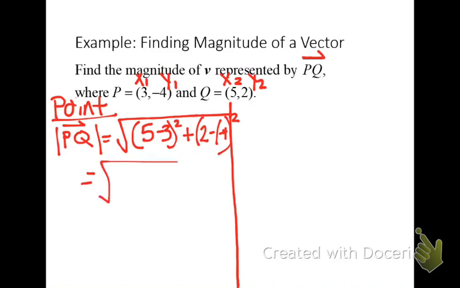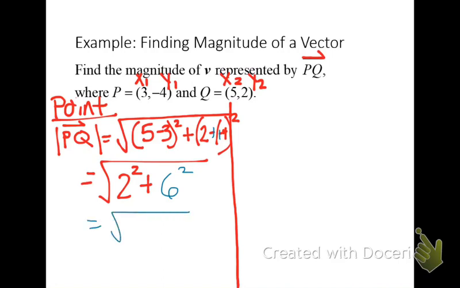So we'll have the square root, 5 minus 3 is going to be 2 squared plus, don't forget to go in here and change that to being positive. So then here I would end up with 6 squared.